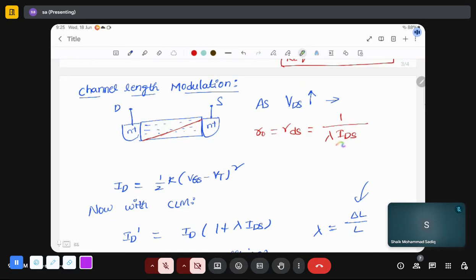Here also the small signal resistance depends upon IDS. Earlier I told you that gm, the small signal transconductance, depends upon the current ID. Here it is inversely proportional, whereas gm was proportional to ID.